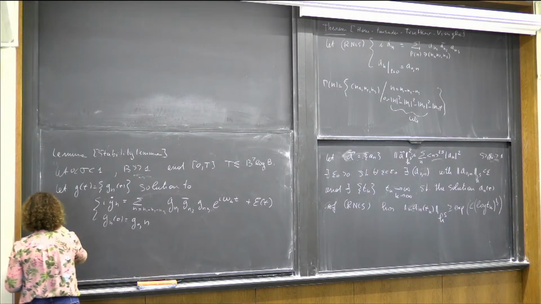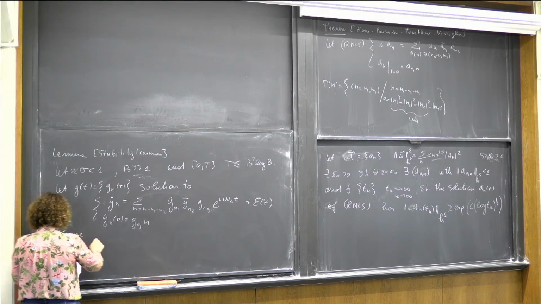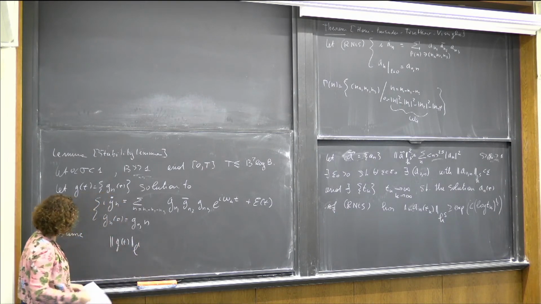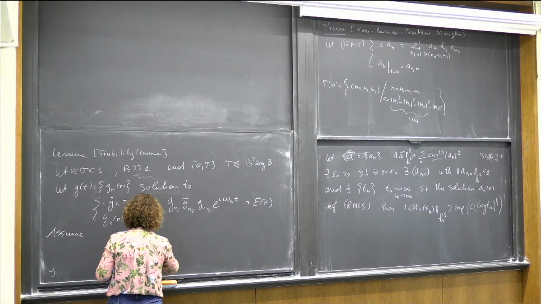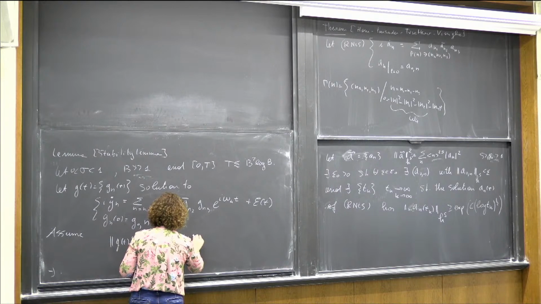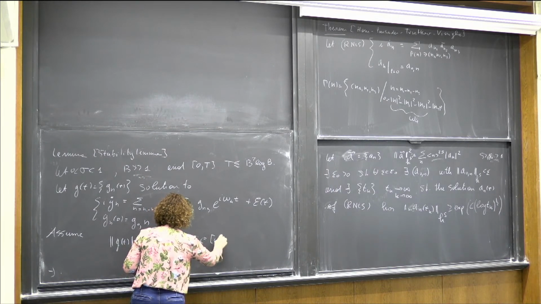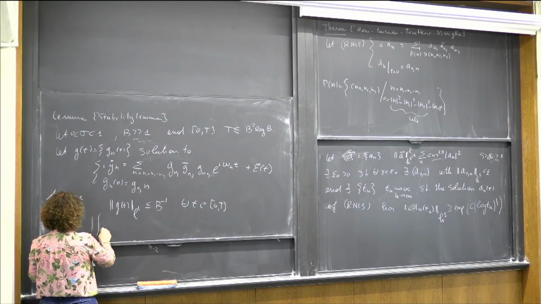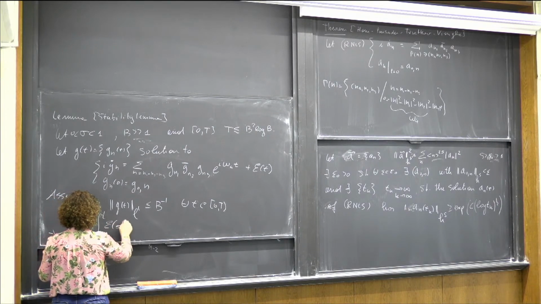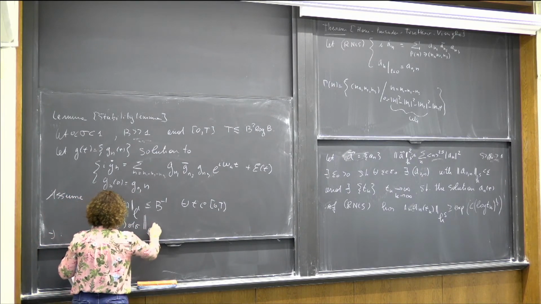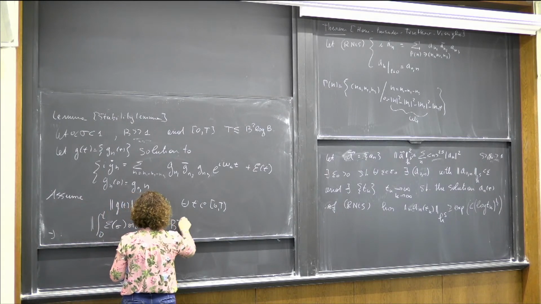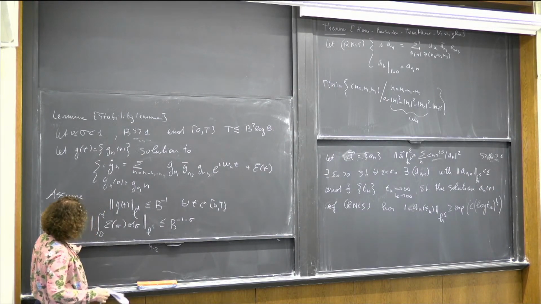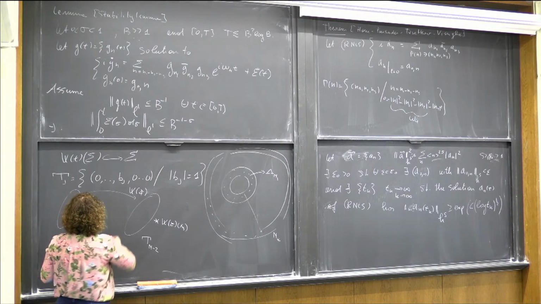So let's say that g(t) solves this, and we have the following: g(t) in L1, the norm is not important, is small for all t in that interval, and also the error is small in L1, again for all t.